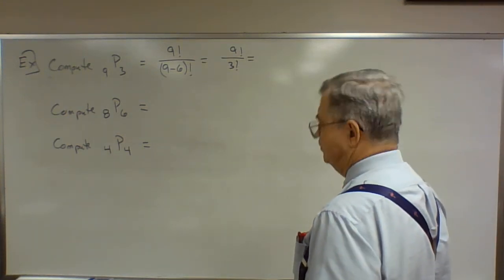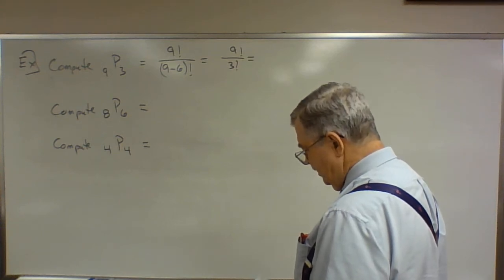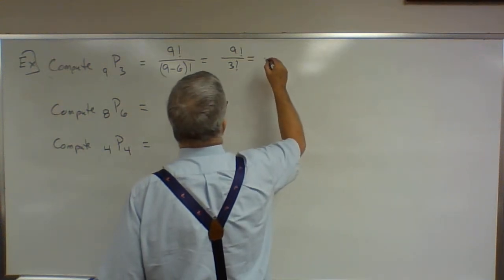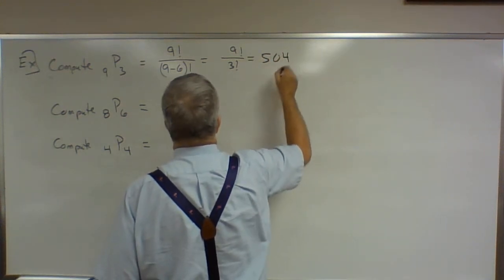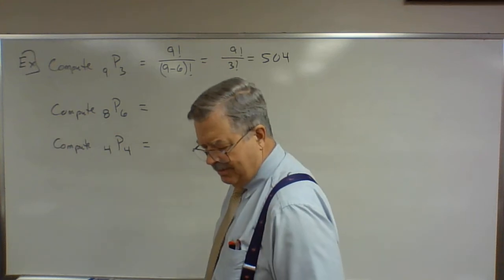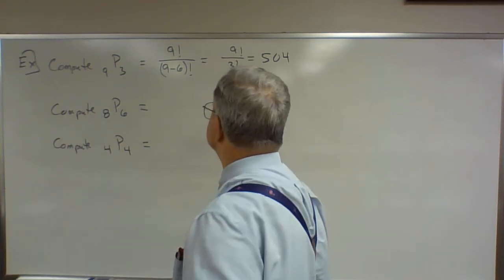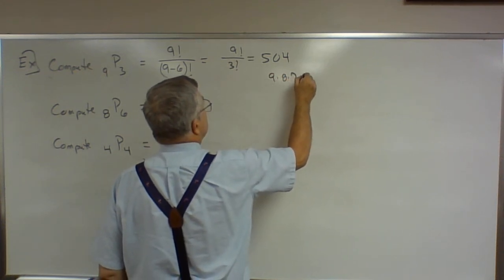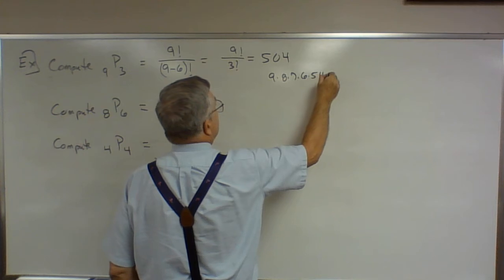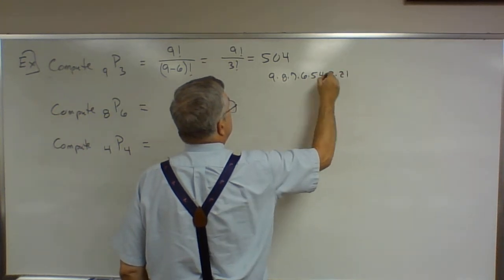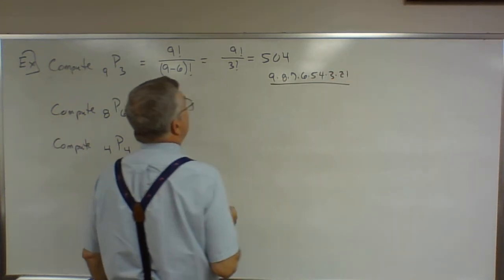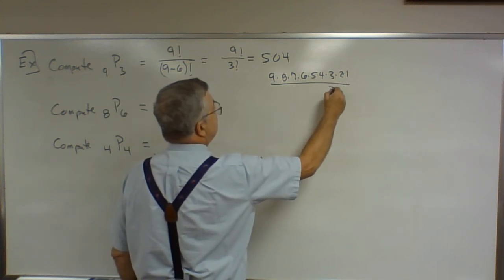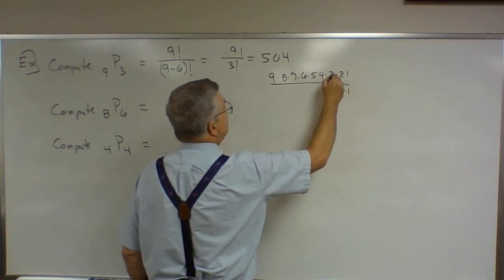And apparently that's not a very big number. I'm shocked. But this is 504. Let me just check that. 9 times 8 times 7, 6, 5, 4, 3, 2, 1, over 3 factorial, that's 3 times 2 times 1.